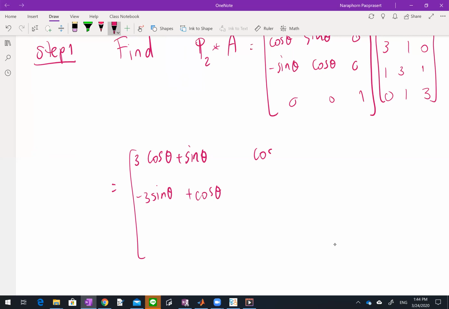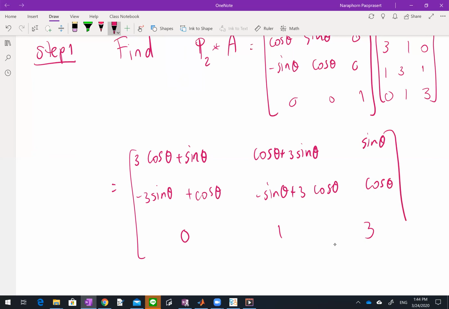Cosine theta plus 3 sine theta, and then minus sine theta plus 3 cosine theta. This is 0, 1, 3 sine theta cosine theta.